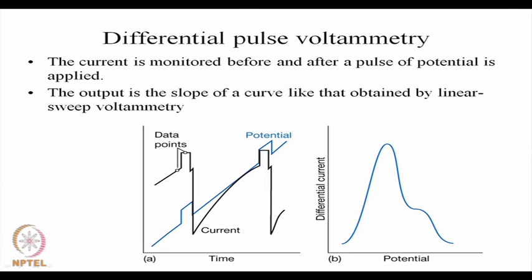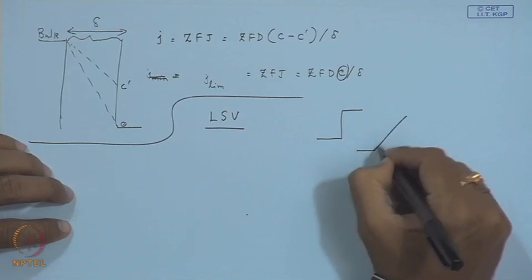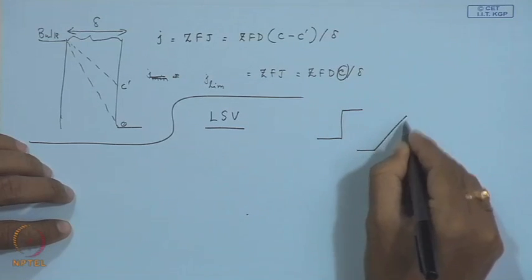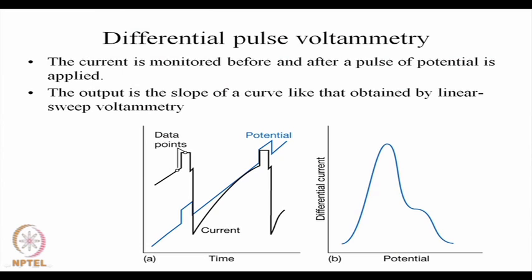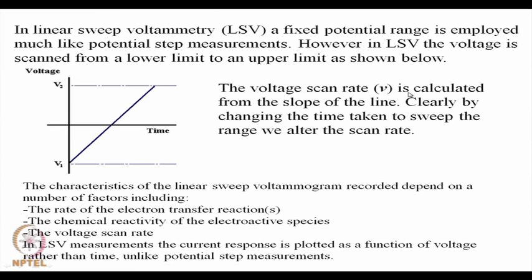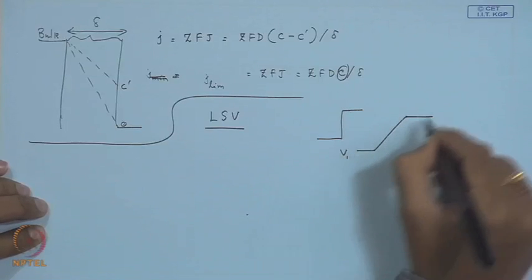As I told you, voltage is linearly swept from one value to another for some interval of time. In linear sweep voltammetry, a fixed potential range is employed, say V1 and V2.